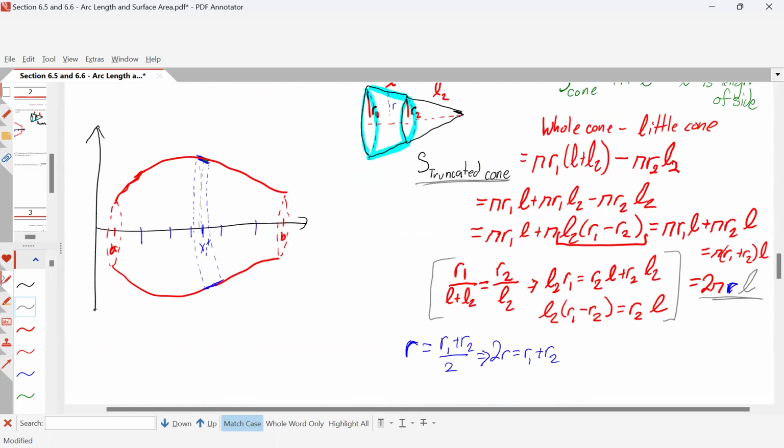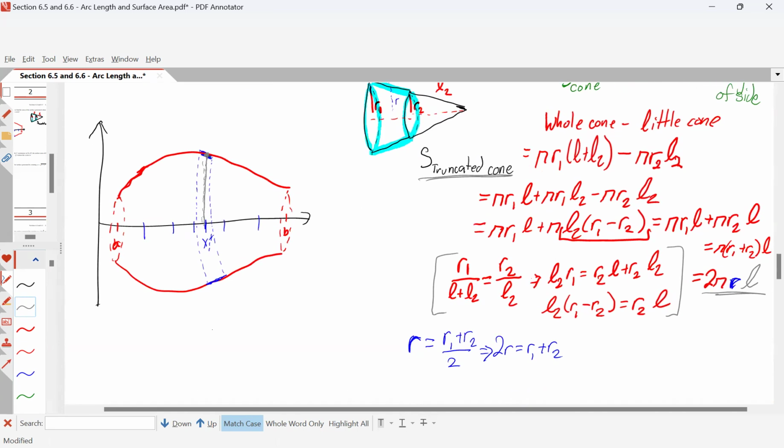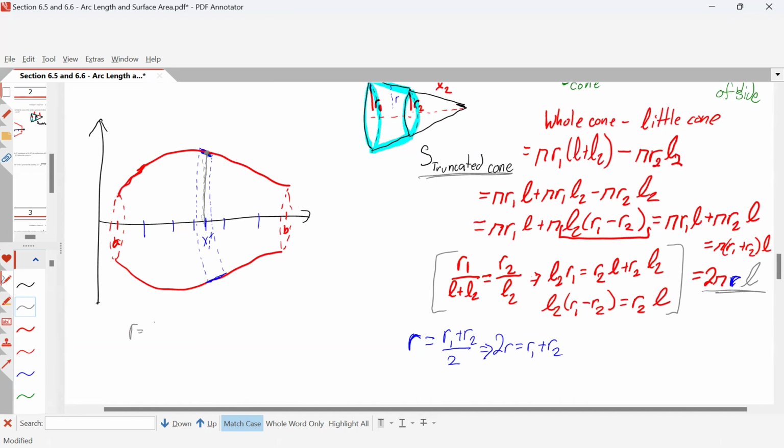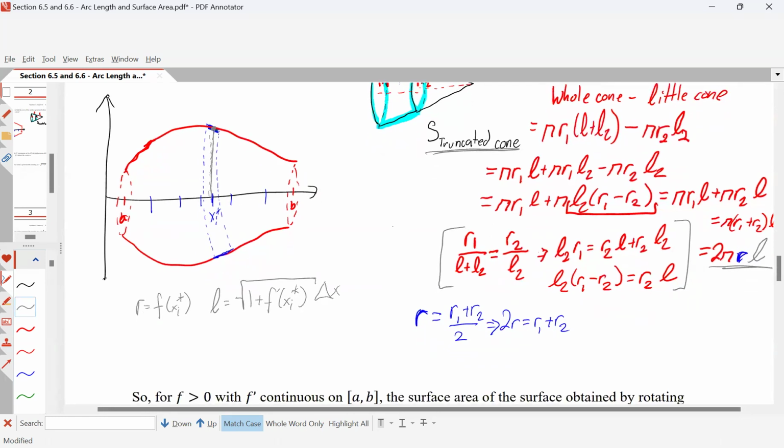Well, R is our distance from our x-axis up to our function. It's that average of the two radiuses that we are looking at. So R is the function at xi star. And L is the arc length in terms of what we currently have in our picture. That is the square root of 1 plus the derivative at xi star, squared, delta x. There we go.